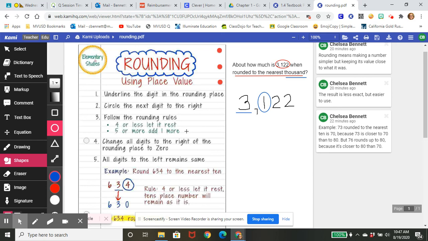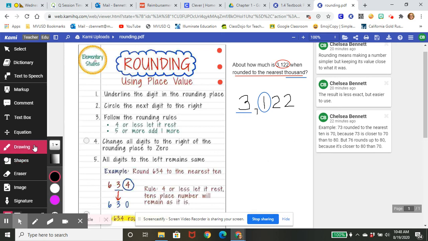Or is it 5 or more, add 1 more? This is 4 or less. 1 is less than 4. So I'm going to let it rest. That means that my 3 stays the same. Because the 1 is less than 4, 3 is going to stay the same.